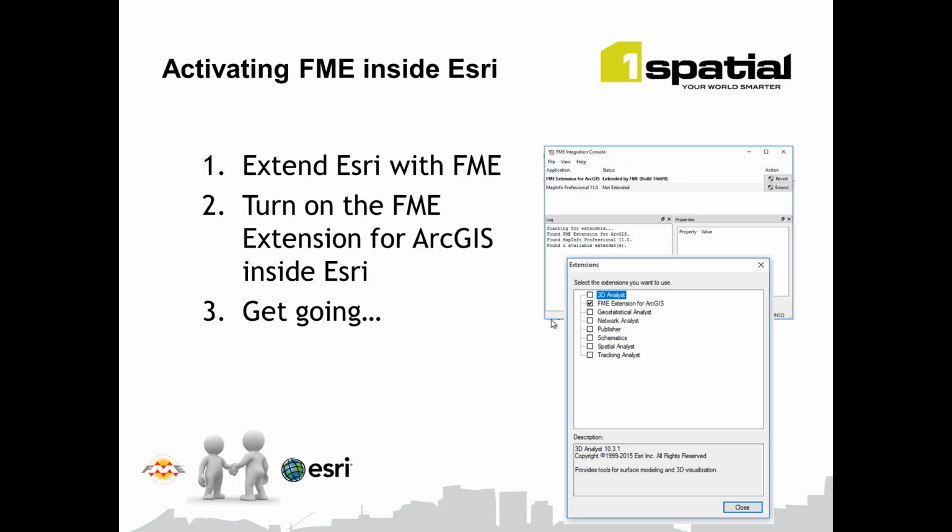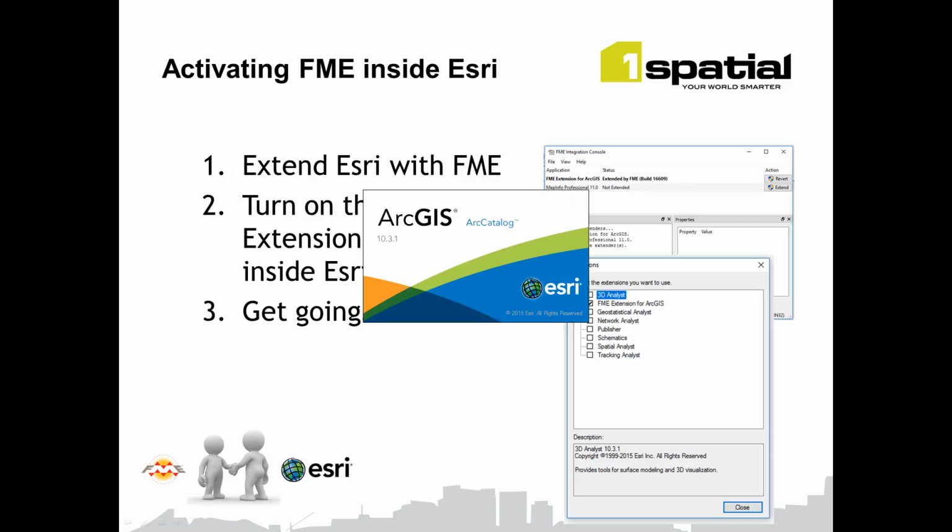So we need to do that in the case of Esri by going and having a look at the extensions and turning that on. So let's just do that. So I'm just going to go and launch. In this case, I'm going to launch ArcGIS and I'm going to launch ArcCatalog. So that's just popping open now.